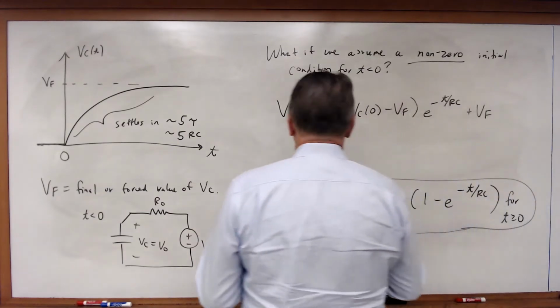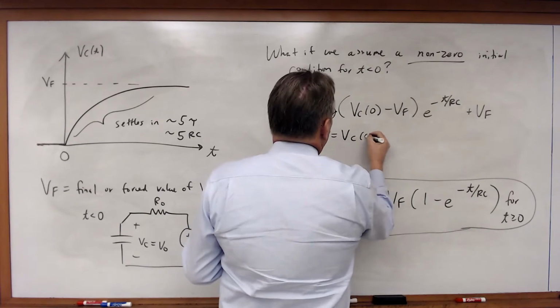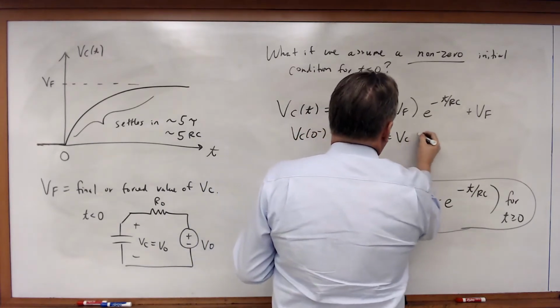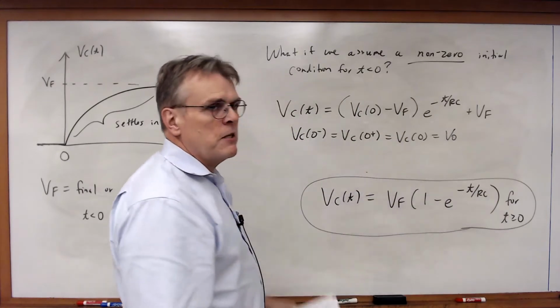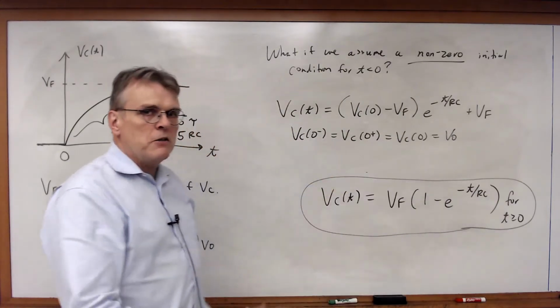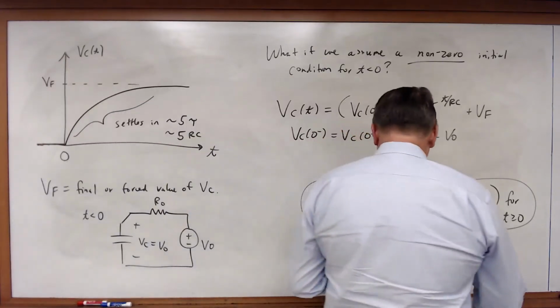Then in this case, what we get is, once again, Vc before and after the switching event, which is equal to Vc of 0, is equal to V0. So same thing we've seen before. The initial condition is what persists across the switching event, in which case I can rewrite this equation.